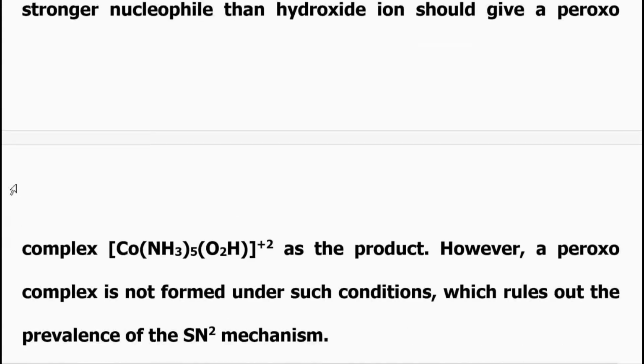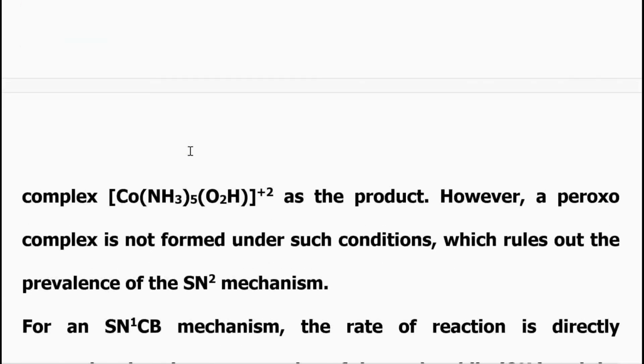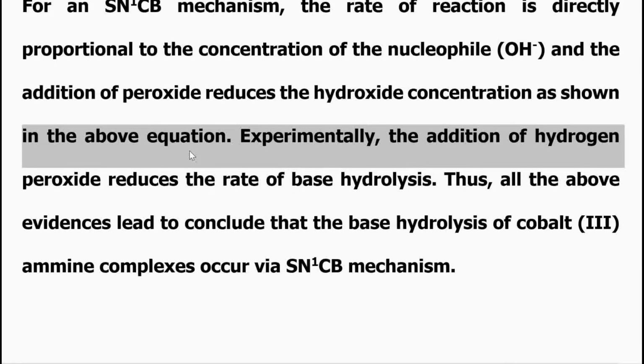See, if you are carrying out base hydrolysis, this OH minus is your nucleophile. If you add H2O2, then what will happen? The H2O2 will convert this OH minus into H2O and HO2 minus. So, the concentration of OH minus will be reduced upon adding the peroxide.